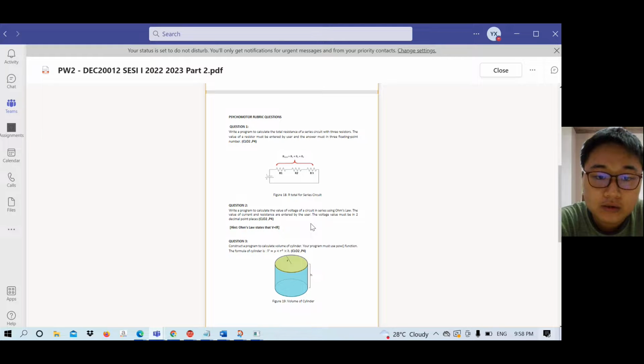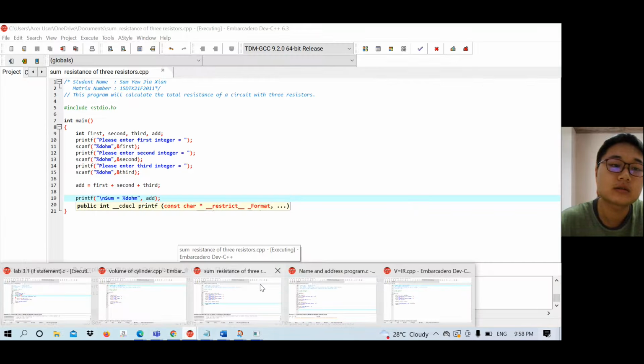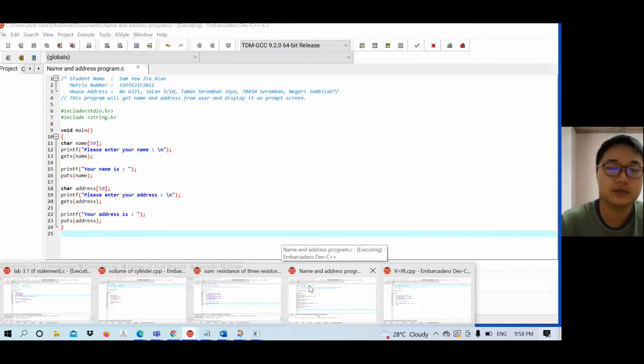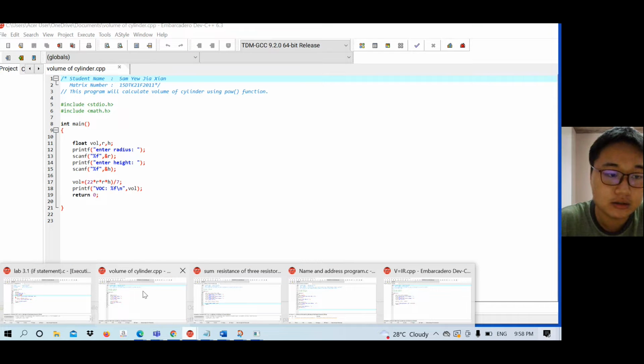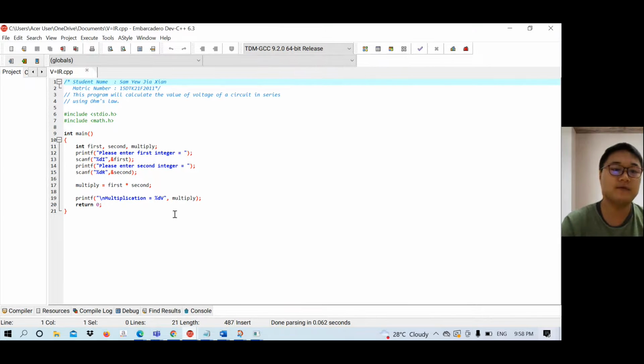So Ohm's law states that V equals IR. That means voltage equals current times resistance. So here is the V.